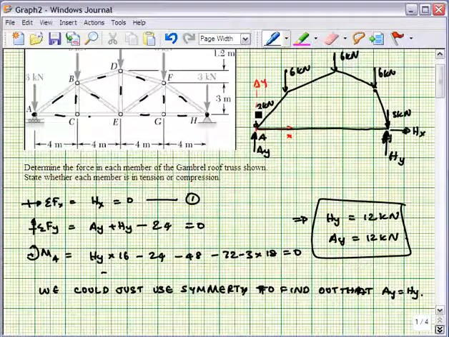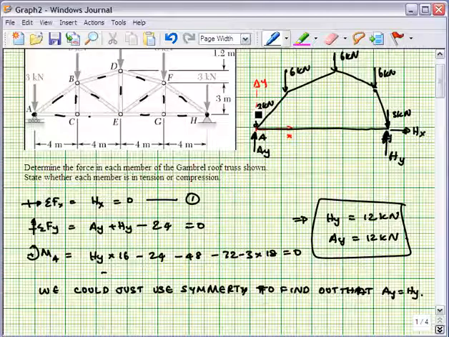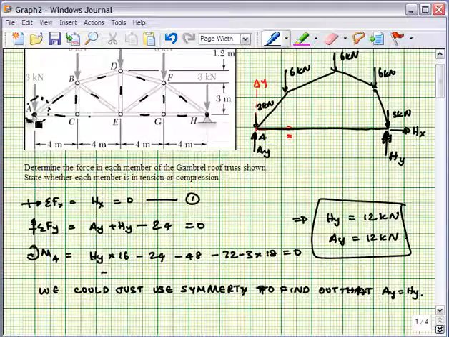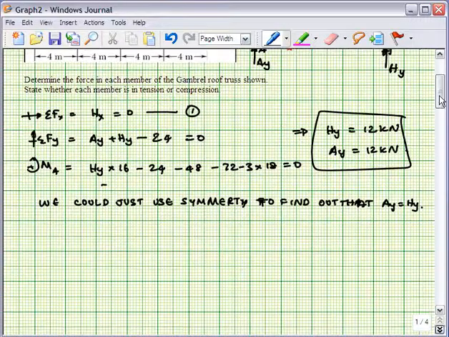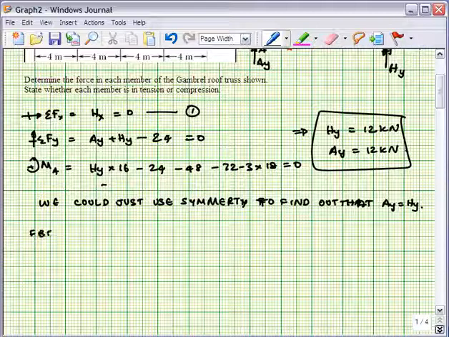Now the next thing I want to do is draw the free body diagram at A. So I'm going to go up here and draw a little circle and isolate just that circle at A, knowing that at the roller joint there I have a force of 12 kilonewtons.